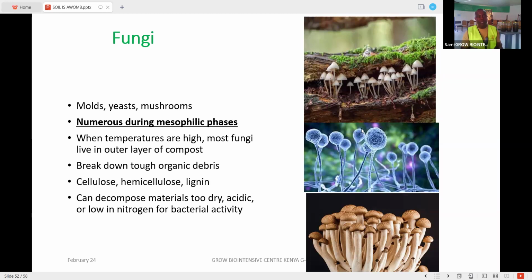They can decompose materials that are too dry, too acidic or low in nitrogen, the ones that bacteria cannot work on. So you see, both bacteria and fungi are very important, because the materials that cannot be broken down by bacteria are broken down by the fungi.